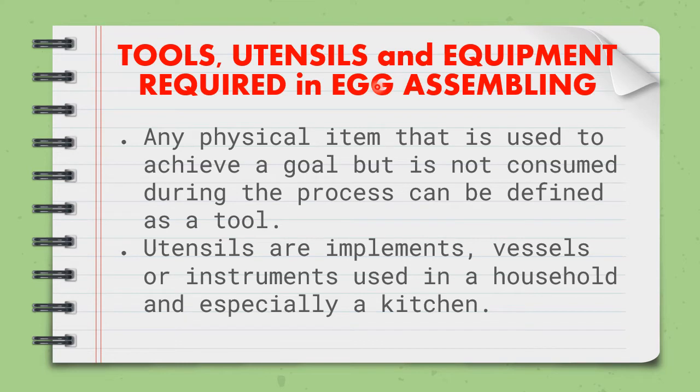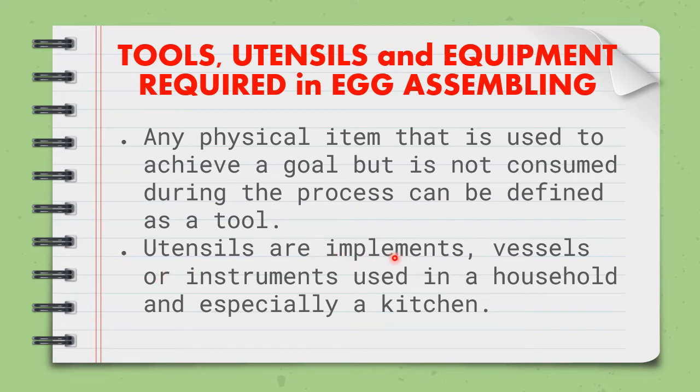Okay, so let's proceed to the tools, utensils, and equipment required in egg assembling. Any physical item that is used to achieve a goal but is not consumed during the process can be defined as a tool. Okay, class, so when we're going to talk about tools, it is described to be used with a specific goal and, of course, with specific procedures.